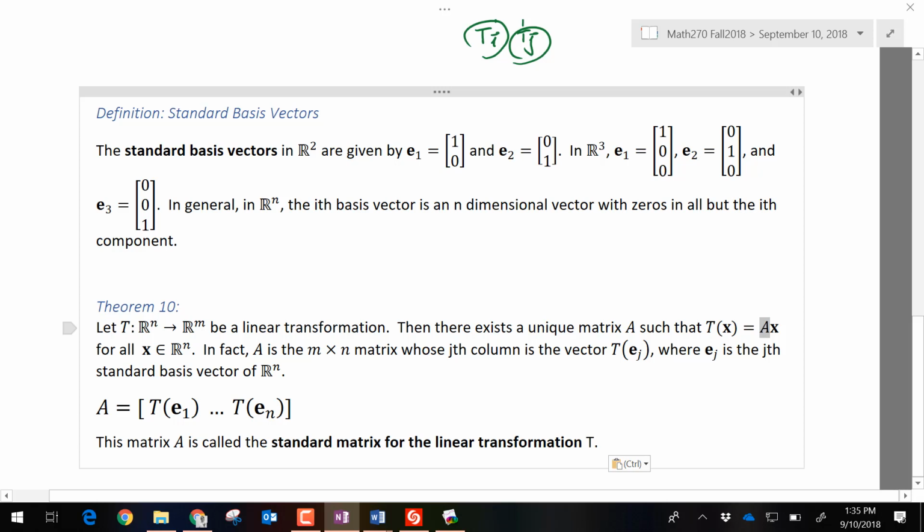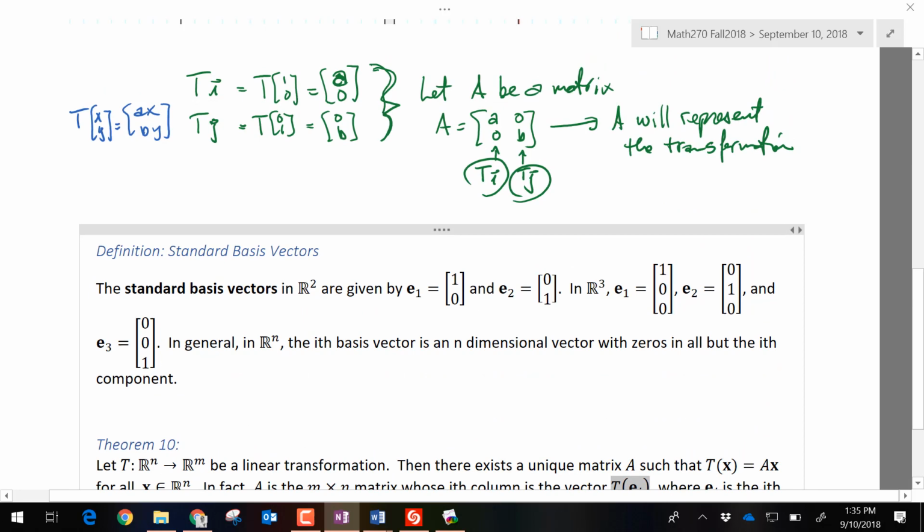And so A will be an m by n matrix whose jth column is the transformation evaluated at the jth standard basis vector. So in our example, the first column of the matrix A is the transformation evaluated at the first standard basis vector, 1, 0.